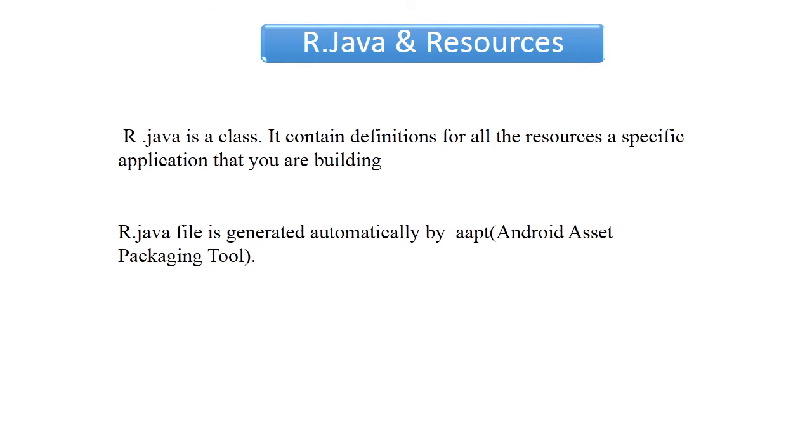R.java and resources. Android R.java is a class that contains definitions for all the resources of the specific application that you are building. Every resource that is used in your application will have its ID in the Android R.java file.